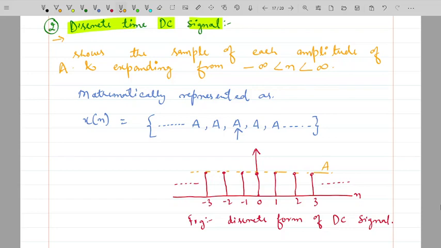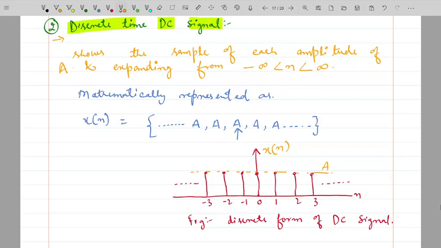We represent this particular signal with x of n. This discrete time signal in this figure shows samples, each of amplitude A, of this flat signal or DC signal, extending from minus infinity to infinity.